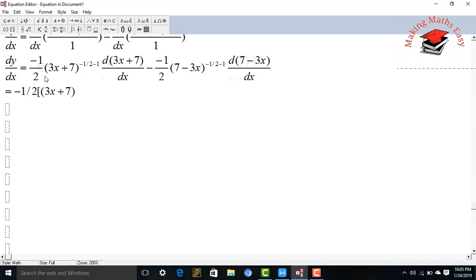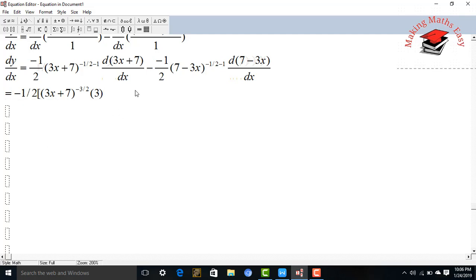So I will write the power as minus 3 divided by 2 in this case, and the derivative of 3x is equal to 3, as the derivative of x is 1, and we take the constant outside, and the derivative of a constant number 7 is equal to 0. Always remember the derivative of a constant is equal to 0. So I will take the 3 over here.